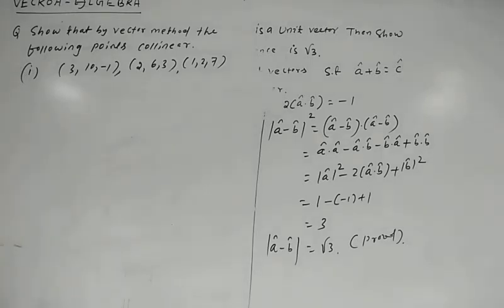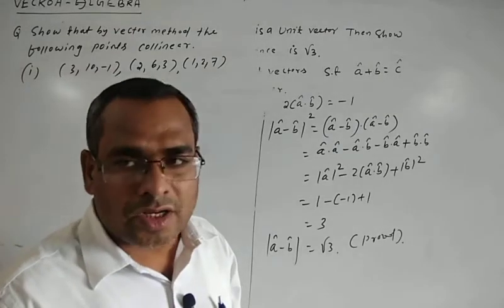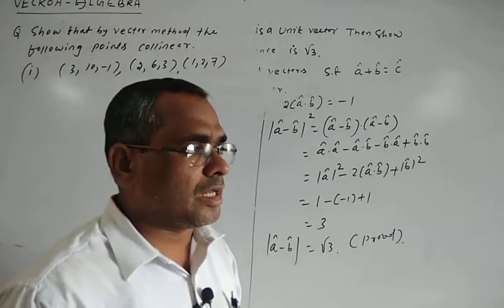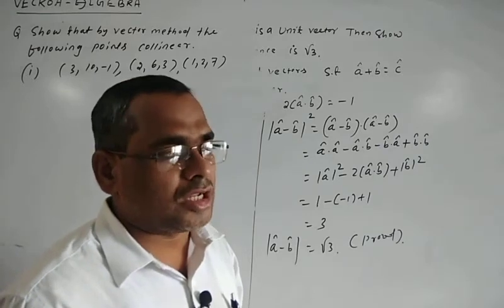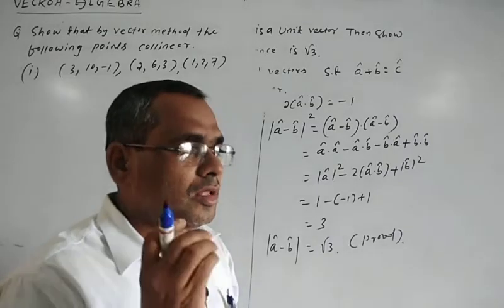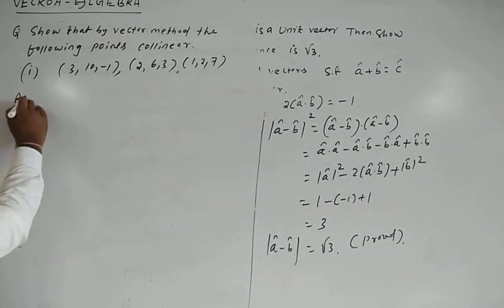So you know, collinear means 3 points A, B, C are collinear when AB vector must be parallel to BC vector, or you can also prove that AC vector is parallel to BC vector. So 3 points collinear means 2 vectors must be parallel. Okay, answer.